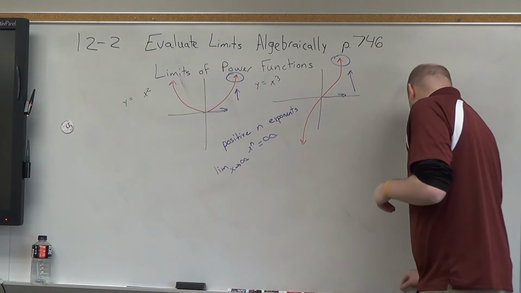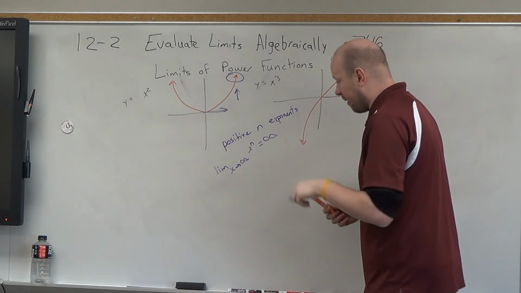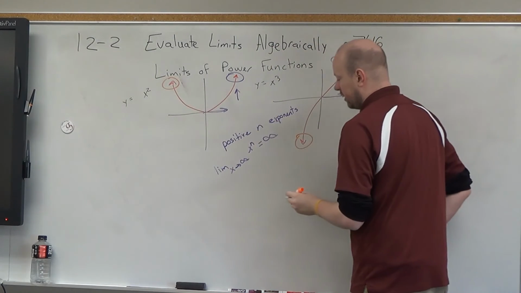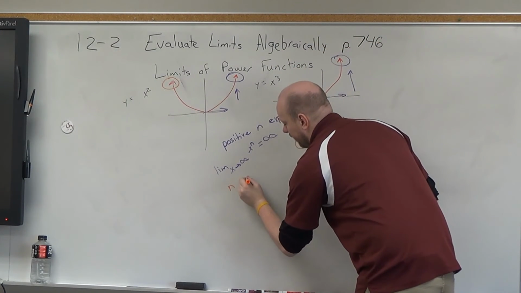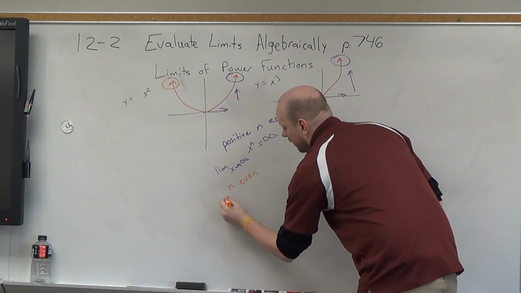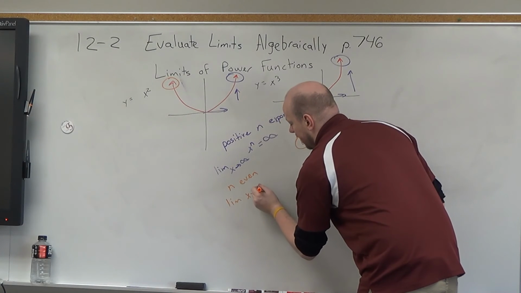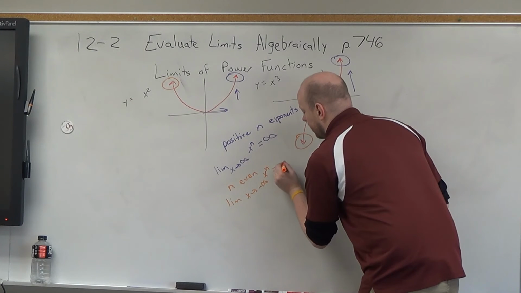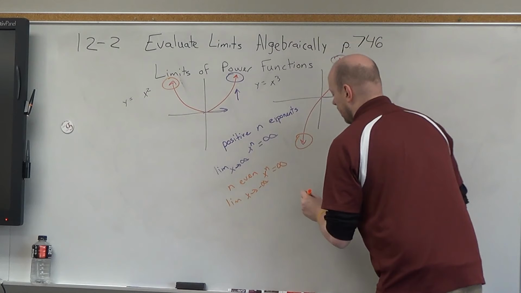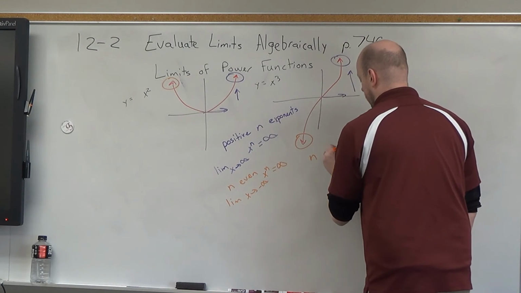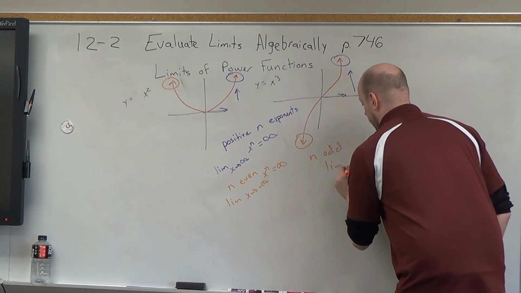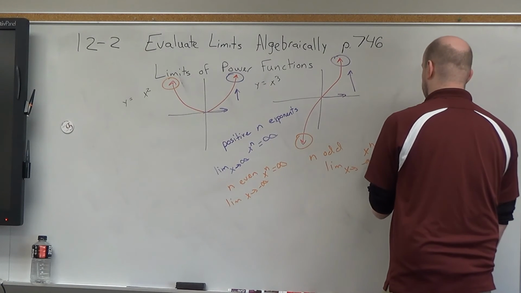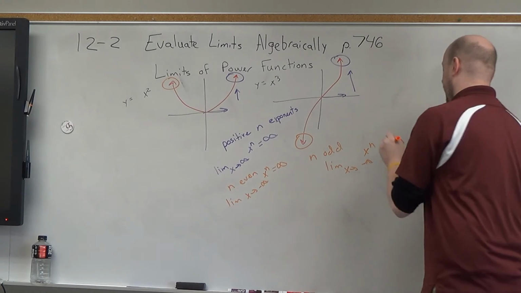The only difference is the opposite direction. Here. So, if n is even, the limit as x approaches negative infinity of x^n is just going to be infinity. And if n is odd, the limit as x approaches negative infinity of x^n is going to be negative infinity.